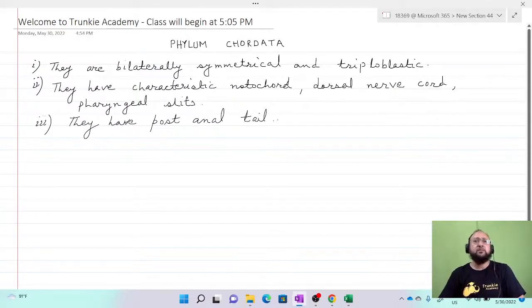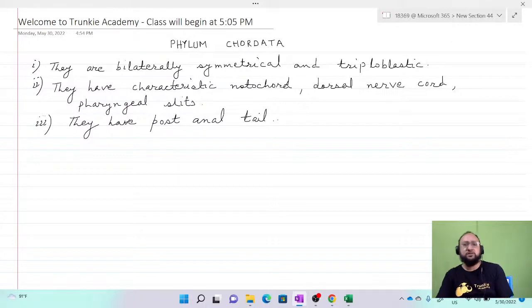Some members of the chordates do not possess a tail, but at the last vertebra there is a bone from which the tail develops, that is the coccyx. During the course of evolution the tail is not present in some chordates, like human beings, but most chordates do have this post-anal tail.